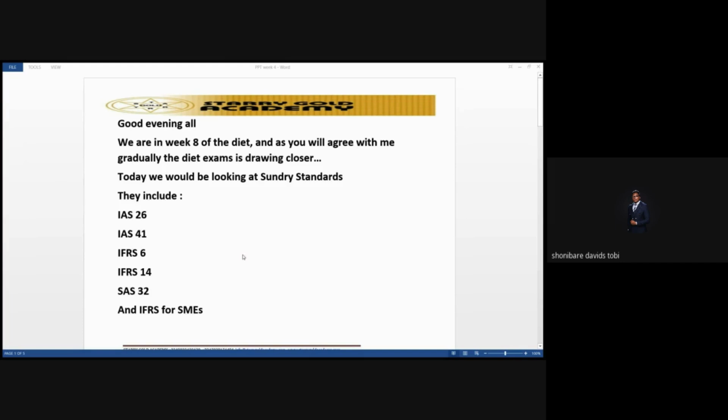How will you determine its fair value? Because there's no active market, and no alternative fair value measurement that you believe is reliable enough, in that case IAS 41 says that the asset should be measured at cost less accumulated depreciation and impairment losses. I hope you got what I'm trying to say.